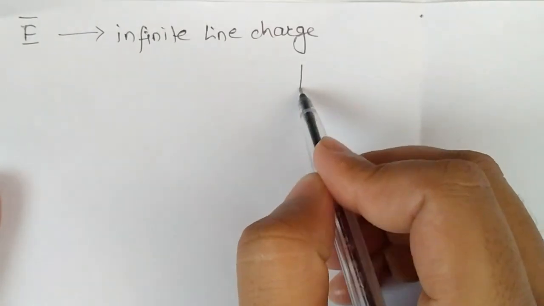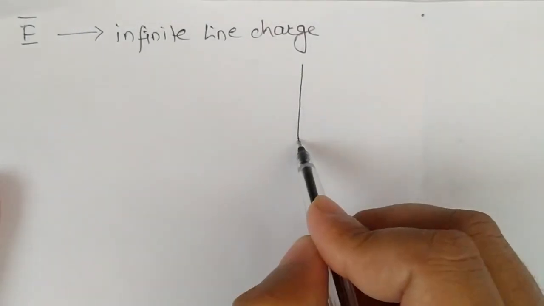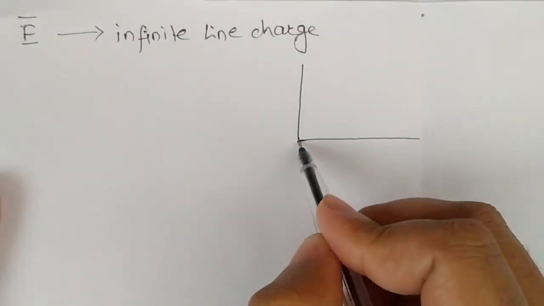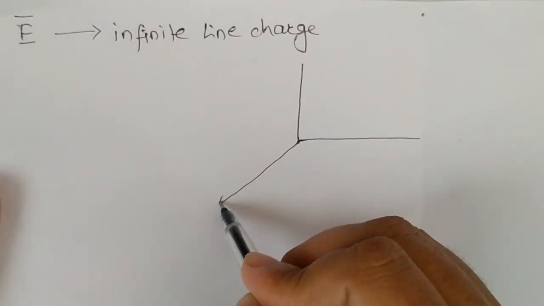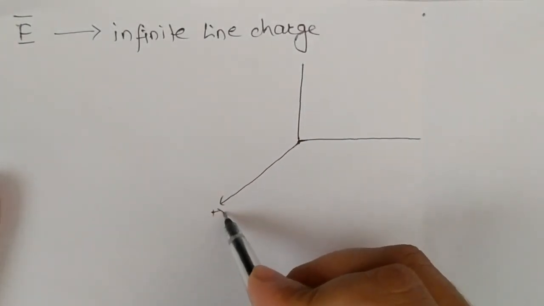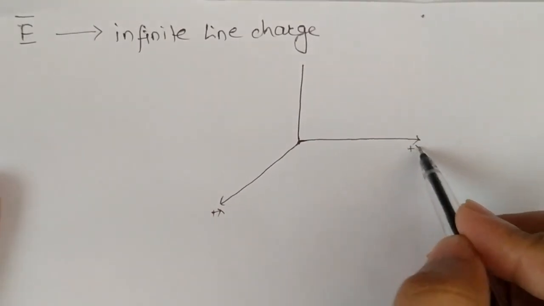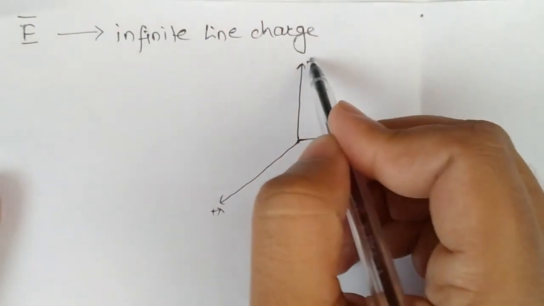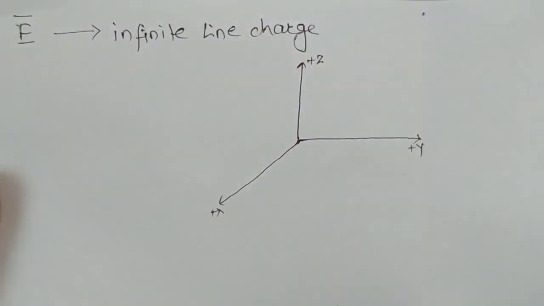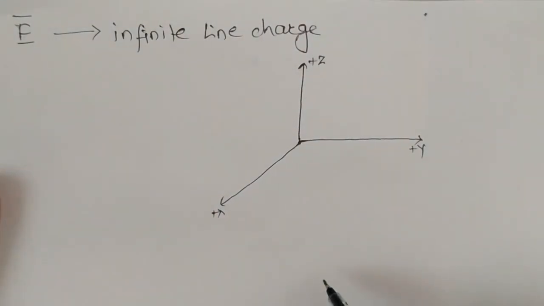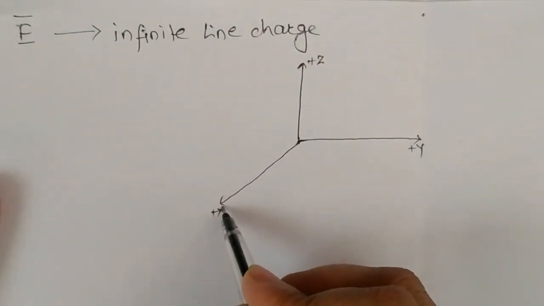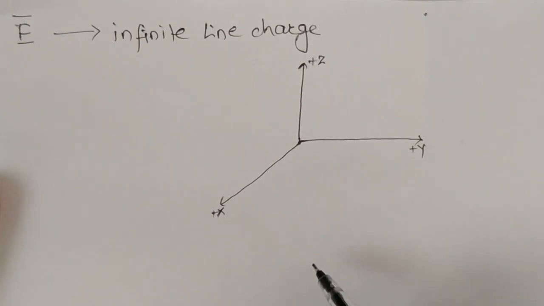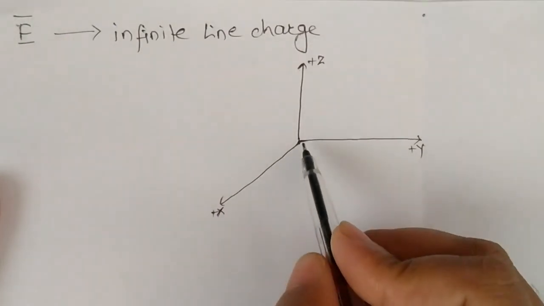First we draw our three-dimensional coordinate system. This is your positive x, this is your positive y, and this is your positive z. So we are considering a Cartesian coordinate system, or a rectangular coordinate system.